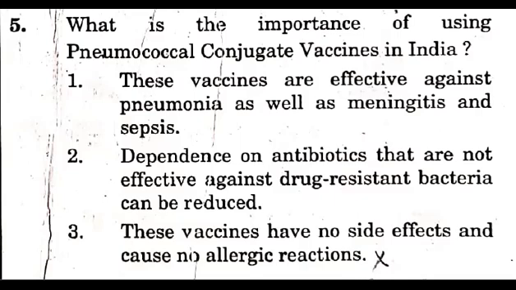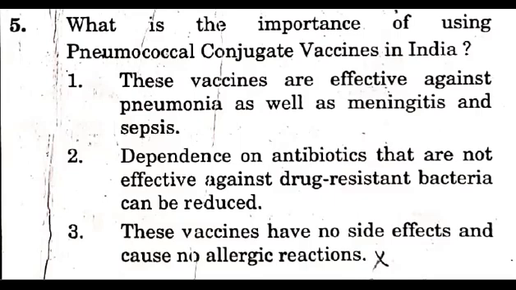If untreated, it may lead to meningitis, that is infection of the meninges of the brain and spinal cord. It may also lead to infection of the blood. And when bacteria gets into the blood, it is called bacteremia. So such vaccines provide multiple protection. So that is the first thing.